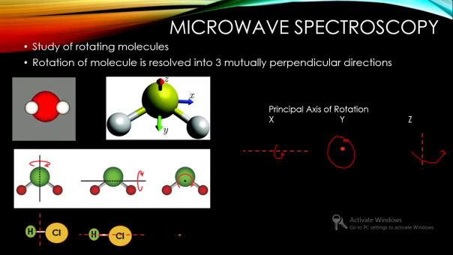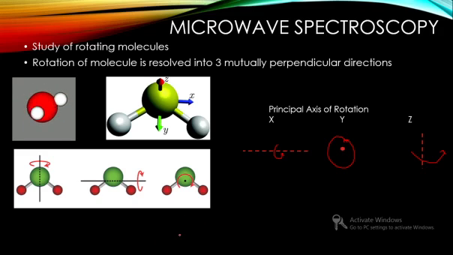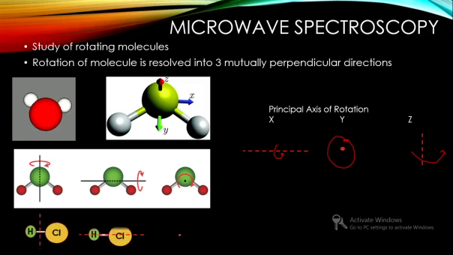So these are the three possibilities of rotation about the three mutually perpendicular axes. Let me show it again. One is about the z axis, the other is about the x axis, which is also called the molecular axis, and the third one is along the y axis, which is perpendicular.